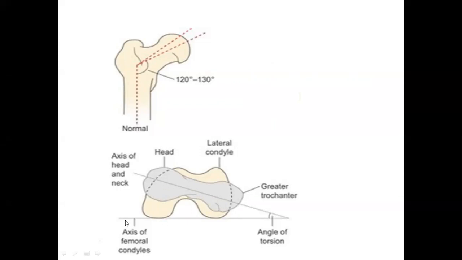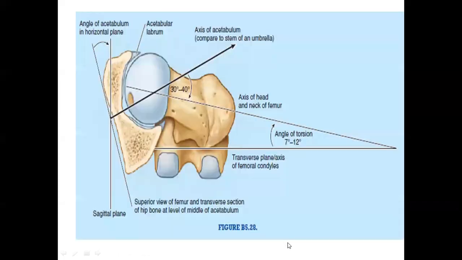So if we draw a line passing through the condyles and a line through the neck and the head, the angle between the two is known as the angle of torsion. So this is the axis of the femoral condyles, and this is the axis of head and neck, and there is an angle between them that is known as the angle of torsion.